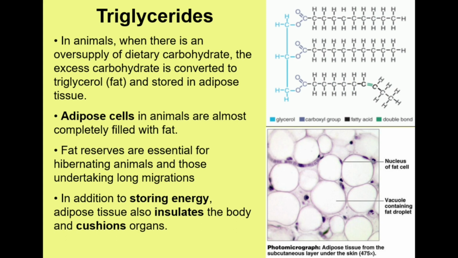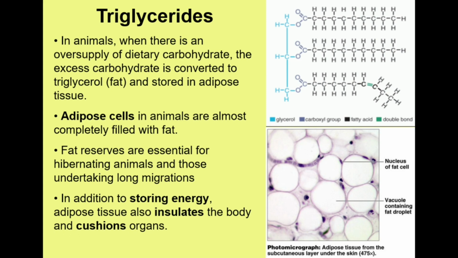But probably the most important function behind energy storage that triglycerides have is insulation, particularly with certain groups of animals like marine mammals. If you look at something like a humpback whale that is moving into really, really cold water to feed, like the Arctic or the Antarctic, there the water is close to 0 degrees Celsius.